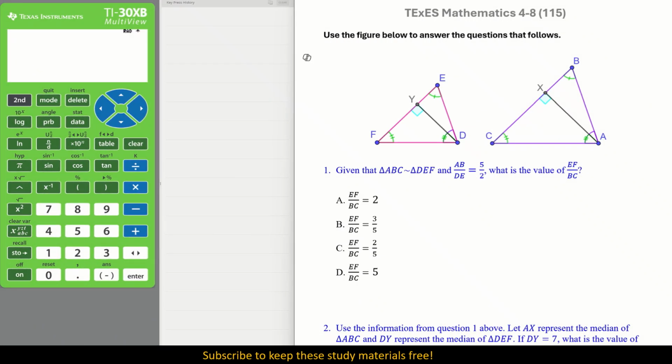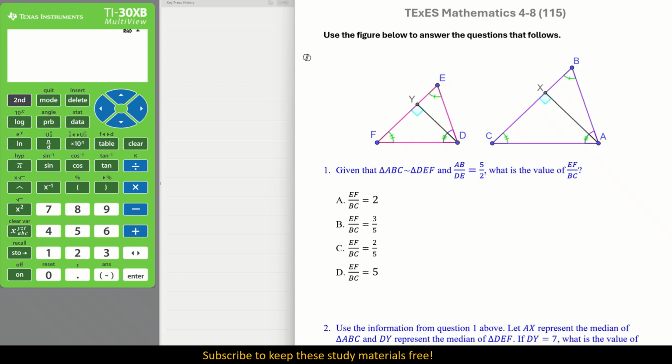Number 1, given that triangle ABC is similar to triangle DEF and AB to DE equals 5/2, what is the value of EF to BC? Okay, these are ratio comparisons and they are giving you a ratio, but let's analyze the given ratio.